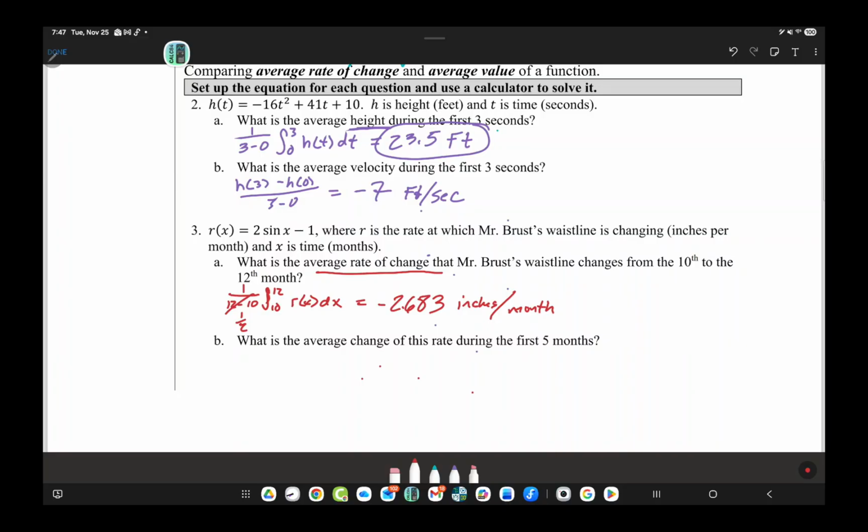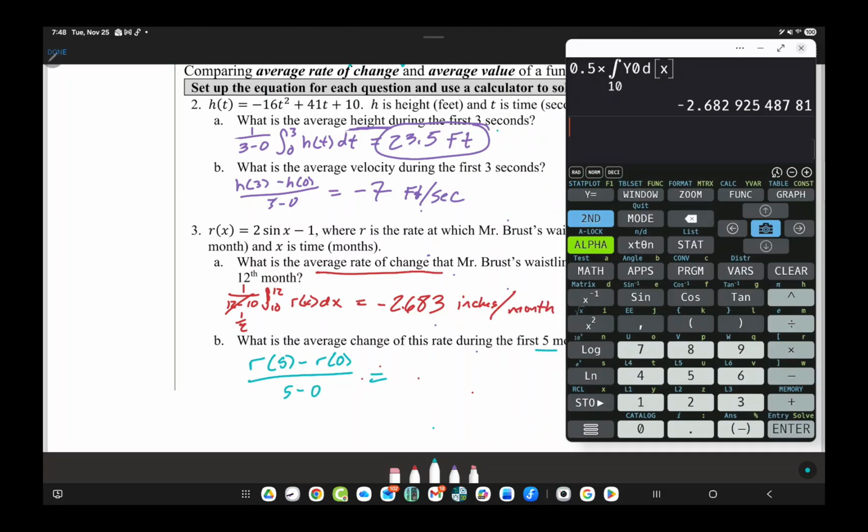All right. Now, what is the average rate of change? Sorry, average change of this rate. So this is the average change in the rate of change. This is slope. So this is r. Now, first 5 months, r of 5 minus r of 0 over 5 minus 0. And that's what we'll plug in.